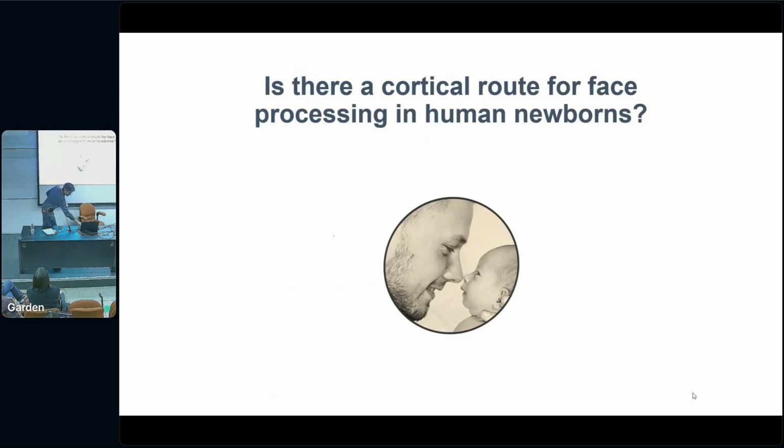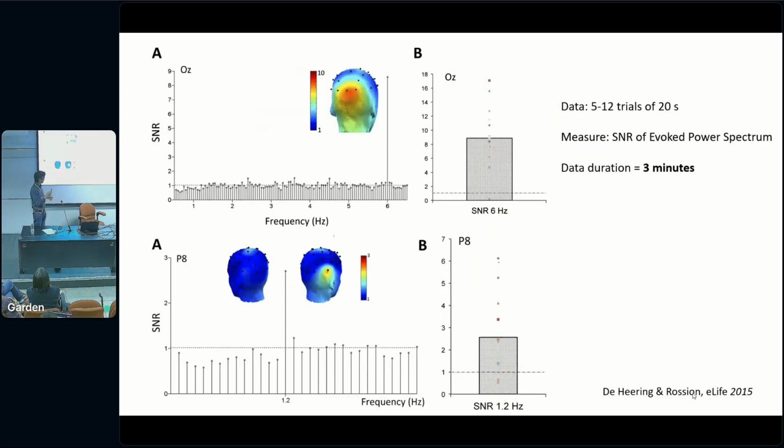Sorry, I wanted to say that this is one reason why we need to study what is the best method to analyze low frequency responses, which is 1.2 hertz. In this case, it's not because the process is slow. It's because the way the experiment is designed necessitates a very low frequency.